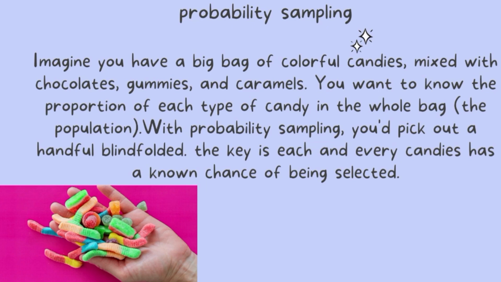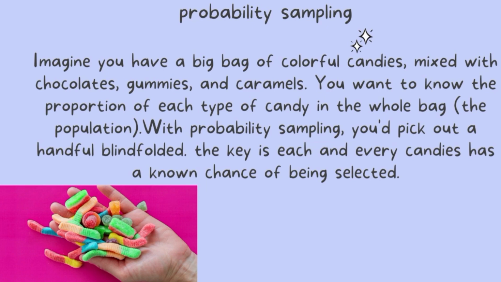From the whole population, you want to know the proportion of each variety of candy. You can't take the whole population to study this topic. With this probability sampling technique, you just pick out a handful of the candies and make a study of it.